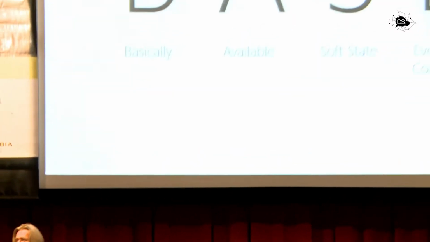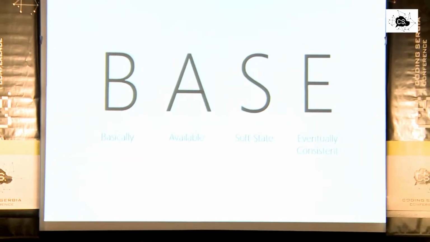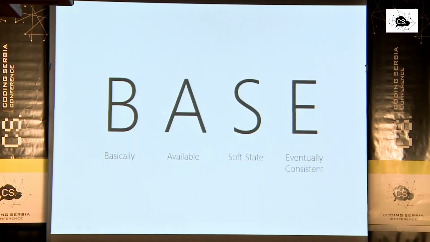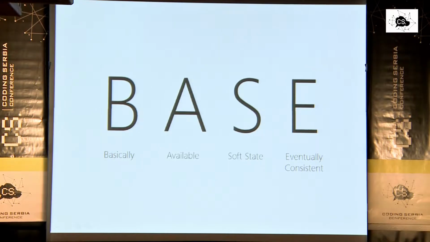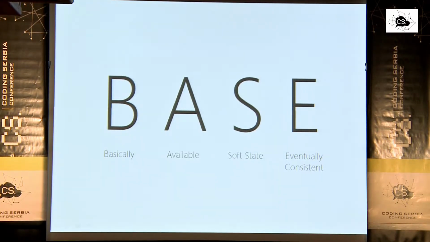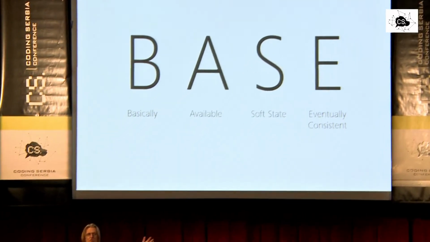Base transactions came into play where asset transactions started to fail. So there are situations, especially when you go to scale up very much, where asset transactions have a problem, because asset transactions don't scale very well across several nodes.